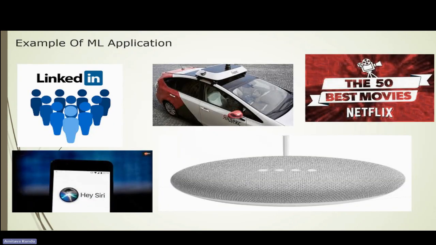Just now told you, right? Examples of ML applications. But they are not, these businesses, they are not using actually basic machine learning or traditional machine learning. These businesses, they are using deep learning, not the traditional machine learning.